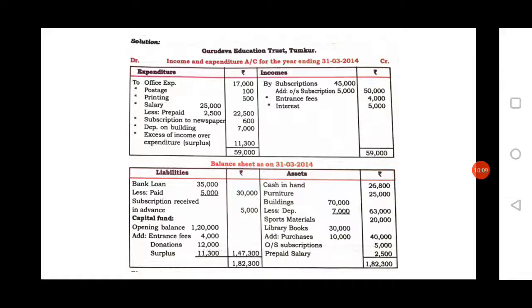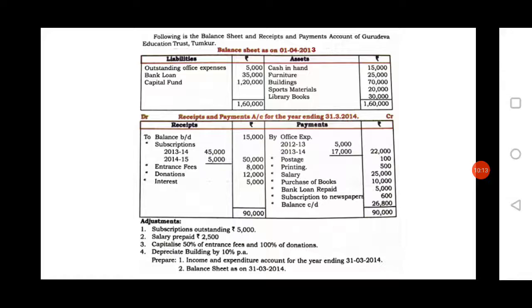Next, while recording the items on the liability side, you refer to the opening liabilities. Here in the opening balance sheet they have given outstanding office expense 5,000. This opening liability of outstanding office expense was already paid, on the payment side of 2012-13, 5,000 already paid. Therefore, you should not record it once again in the current year's balance sheet.